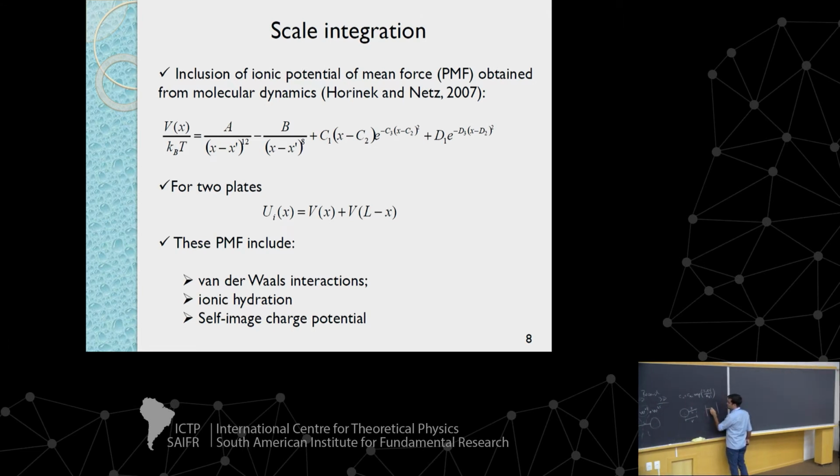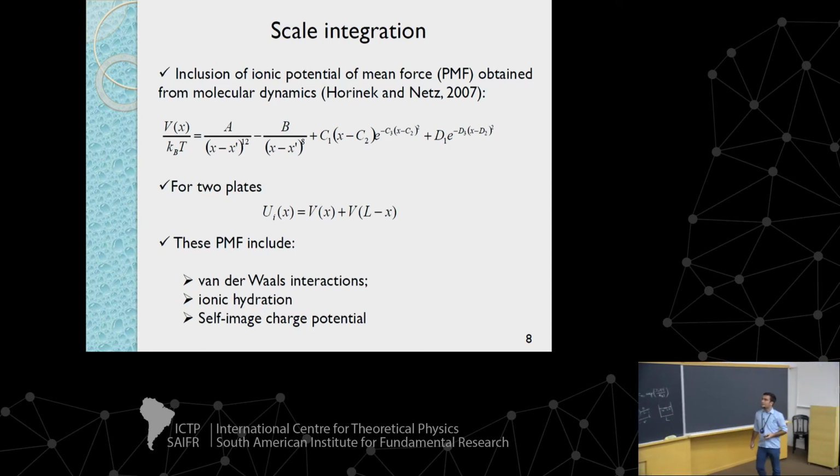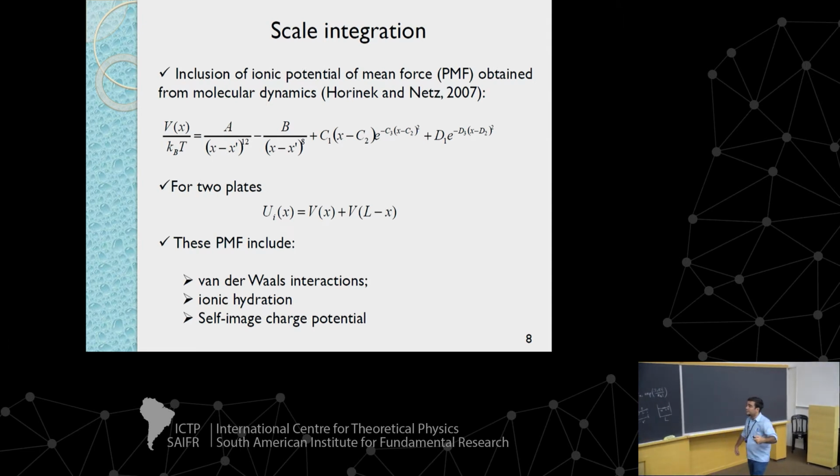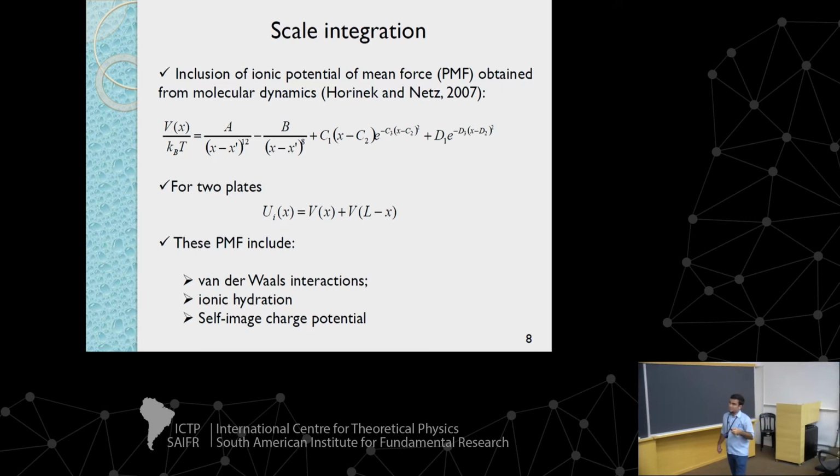So we have a distance to each interface, to each surface. So this is X, and this is L minus X, and L is this distance. Okay? So we get this information from molecular dynamics simulations, and we introduce it in the Poisson-Boltzmann equation.